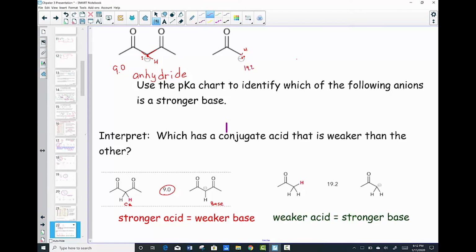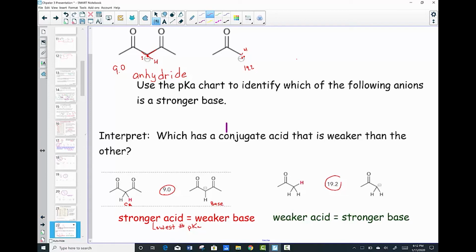Alrighty, so those are the structures you found using your pKa chart. And what do they mean? So this tells me the stronger acid has the lowest number. The strongest acid, right, is the lowest number. Strong acid, weak base.